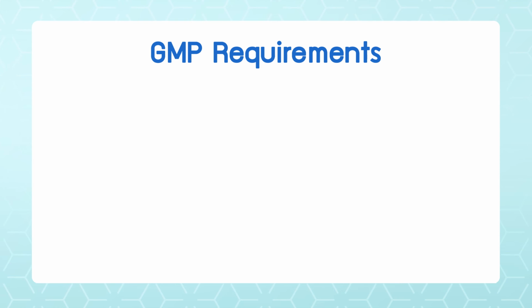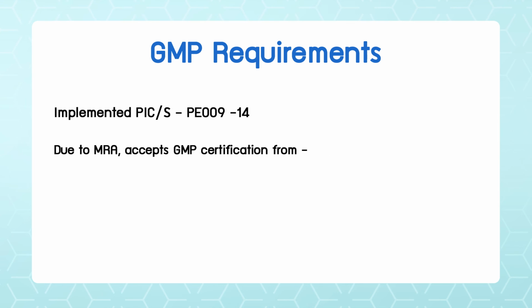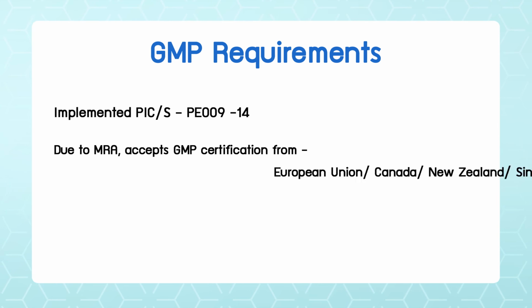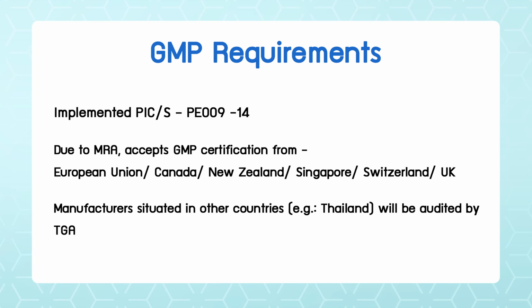On GMP requirements, TGA has implemented PE 009-14, which is the latest edition. And due to the MRA, they accept GMP certification from EU, Canada, New Zealand, Singapore, Switzerland, UK. But for the MRA to work, the manufacturer must be situated within these countries.